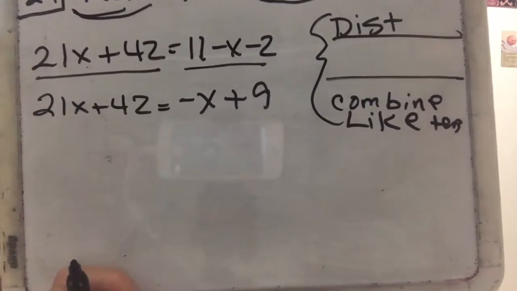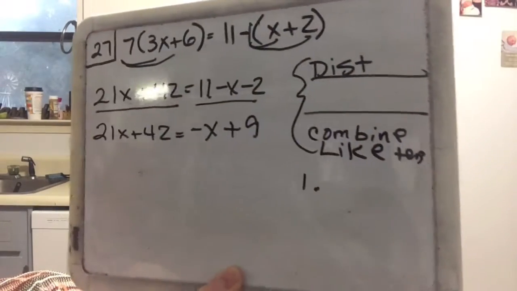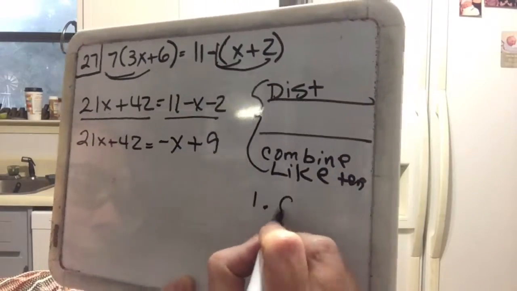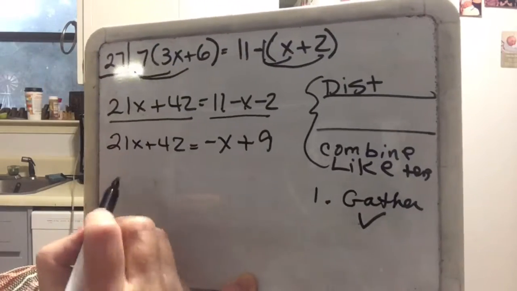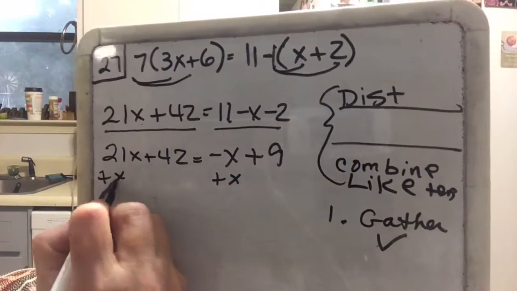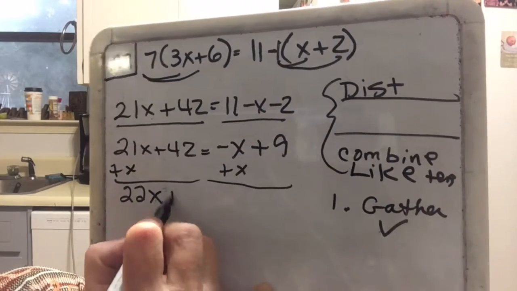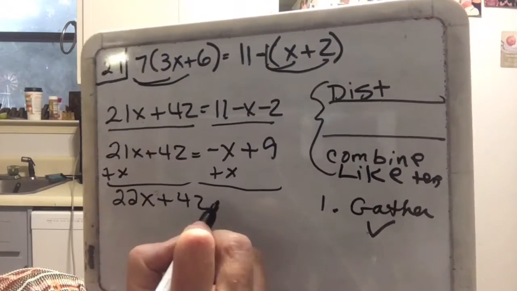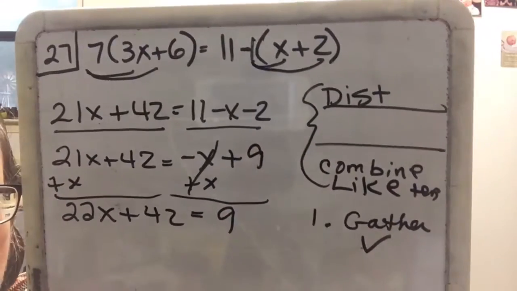We just saw on the last board, the first step of the solving process is to get all your variables together. So gather your variables. I'm going to add an x over here and an x over here, and then I'm going to get 22x plus 42 equals 9.